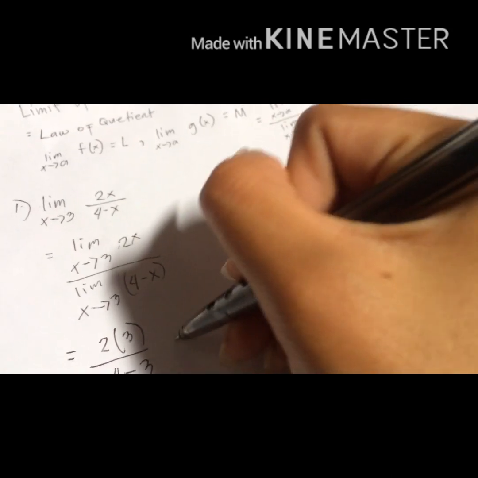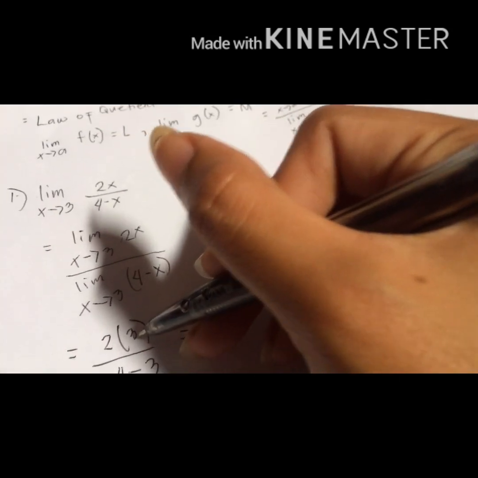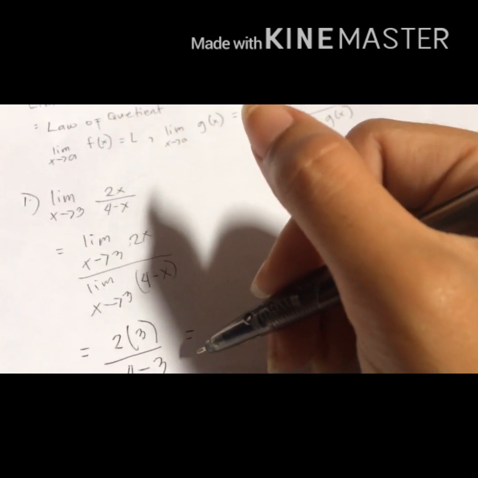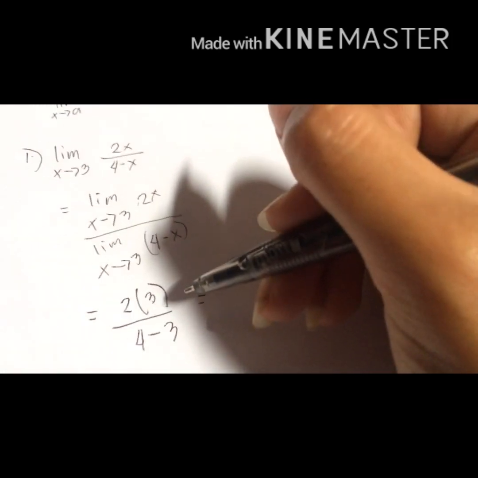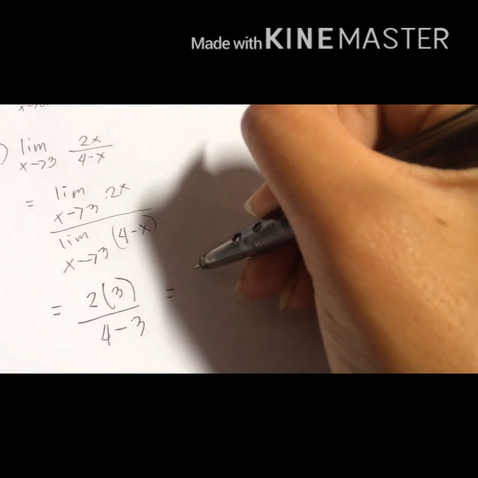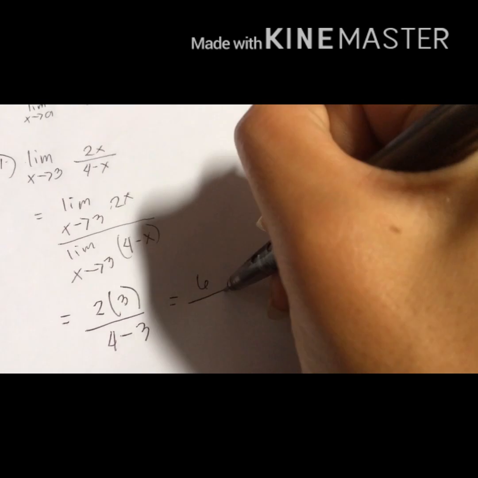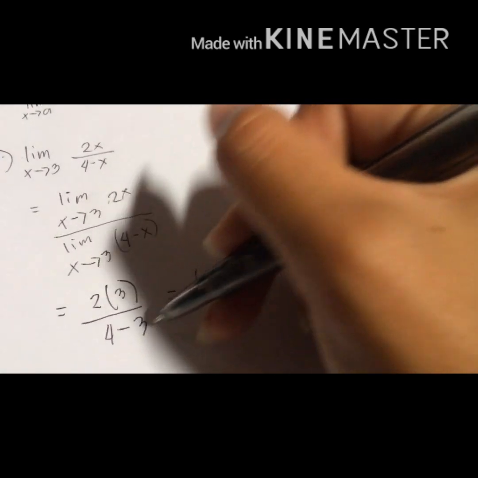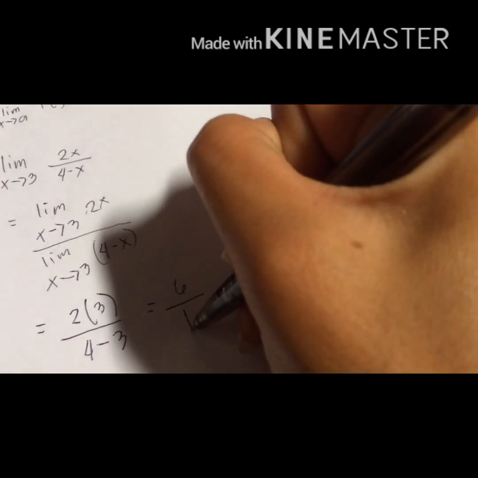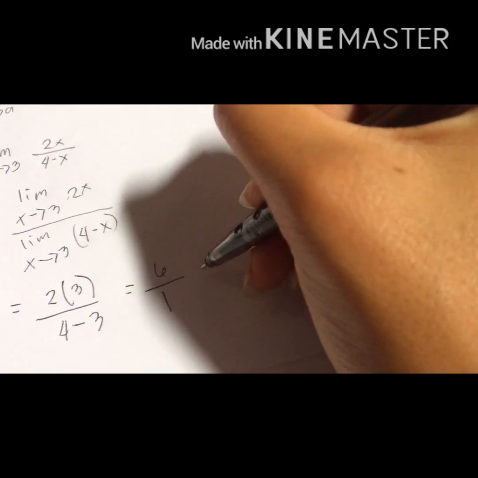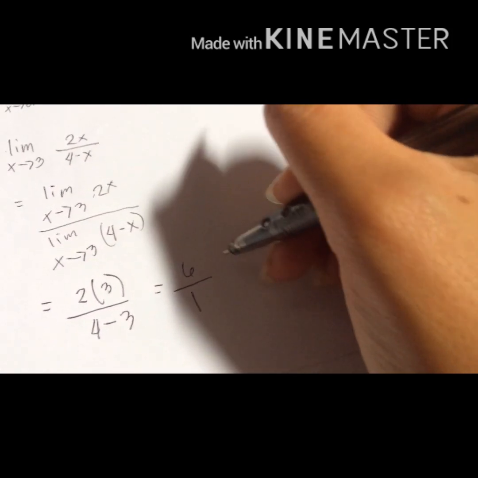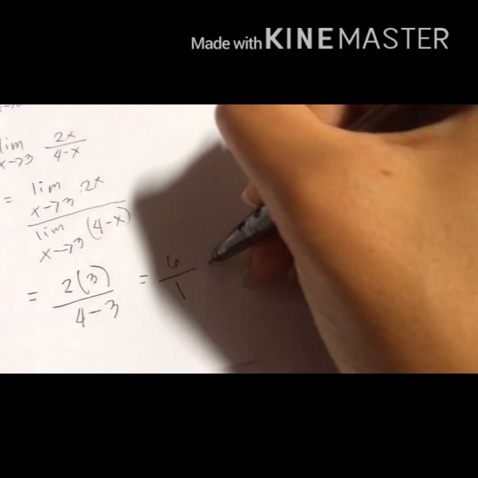So 2 times 3 equals 6, over 4 minus 3, which is 1. The answer is 6 over 1, or 6.